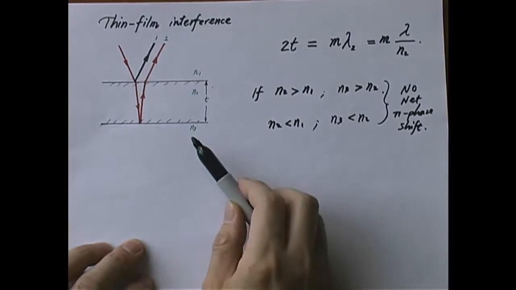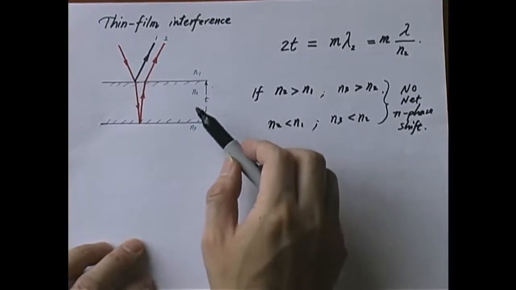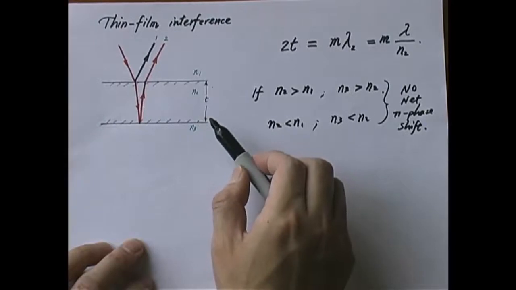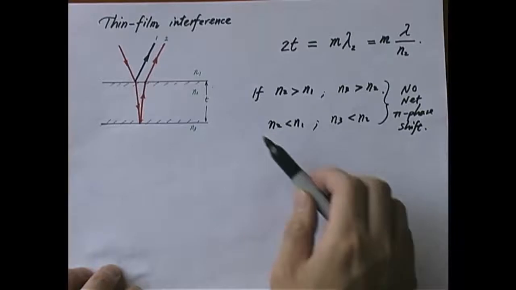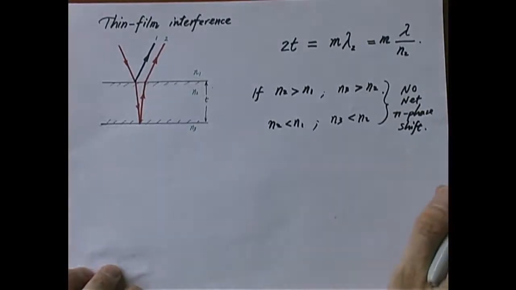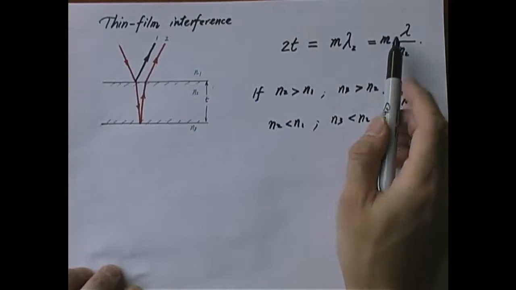As long as n2 is the middle value of the index of refraction, not the largest, not the smallest, then there is no pi phase shift.